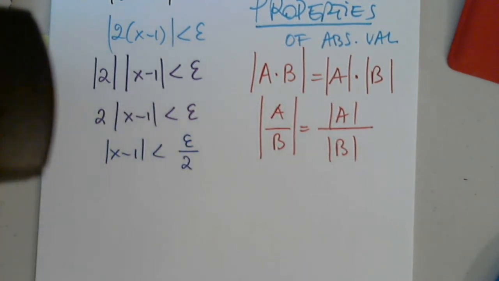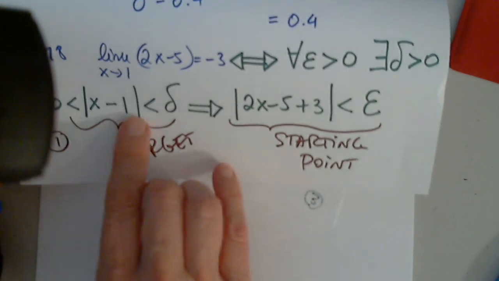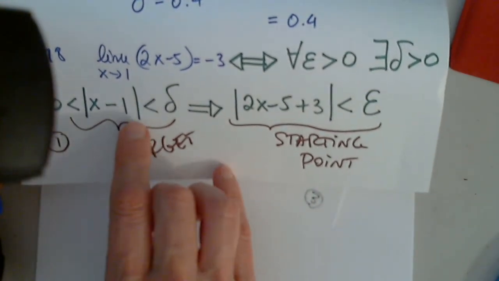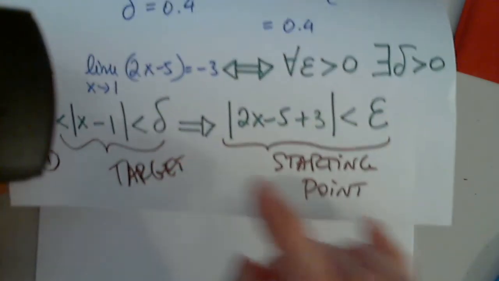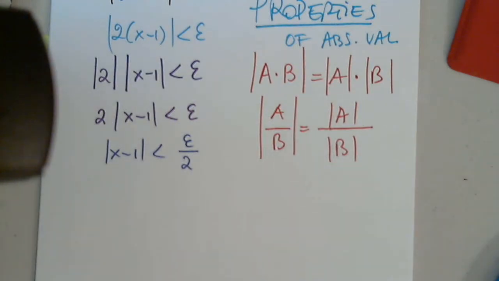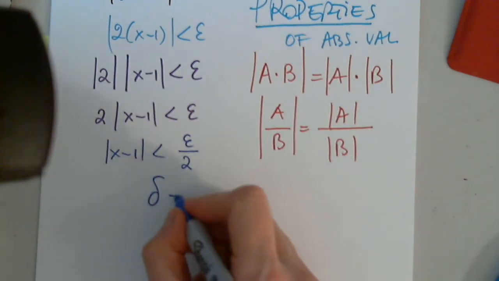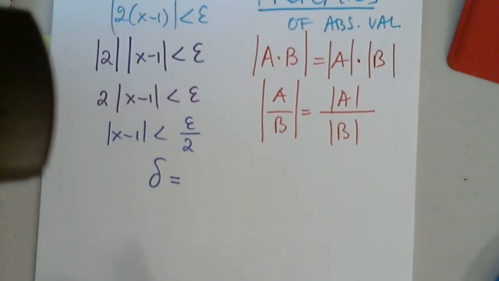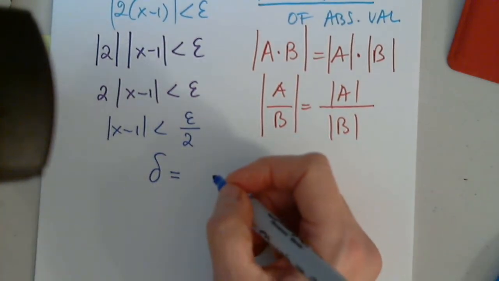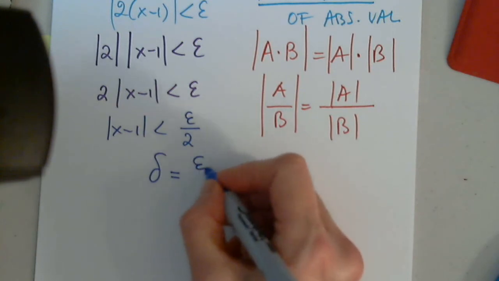And now let's compare. This was our target. The absolute value of x minus 1 on one side and something on the other side. So what do you think delta equals to? Epsilon divided by 2. Thank you, Gio.